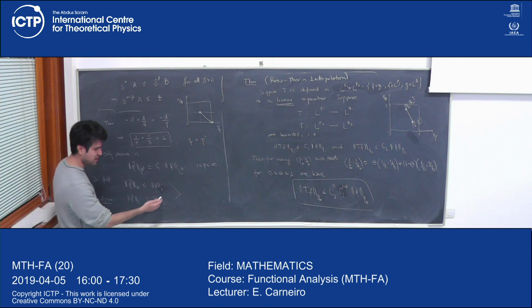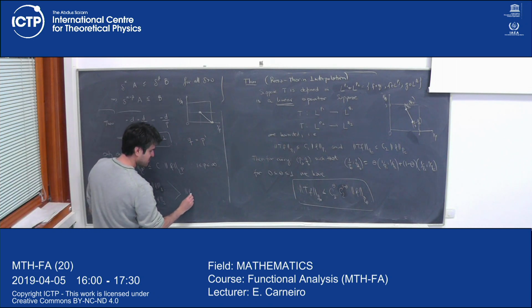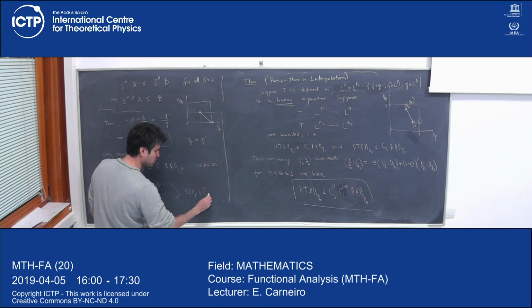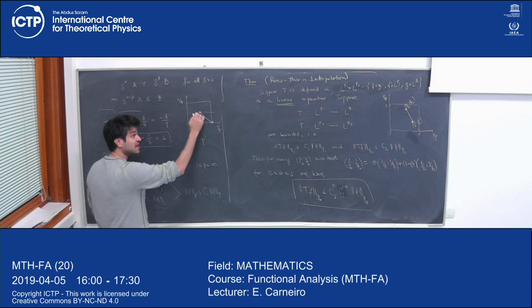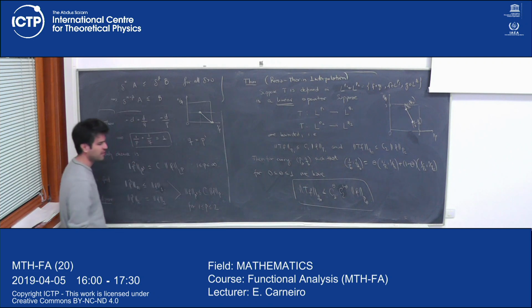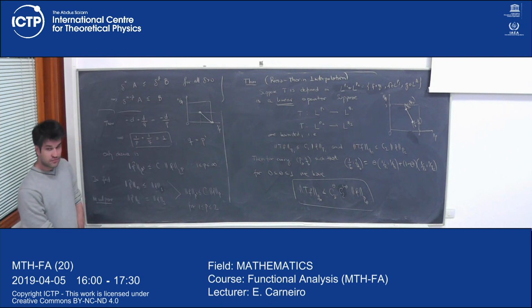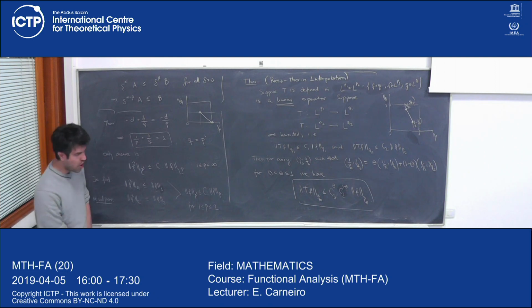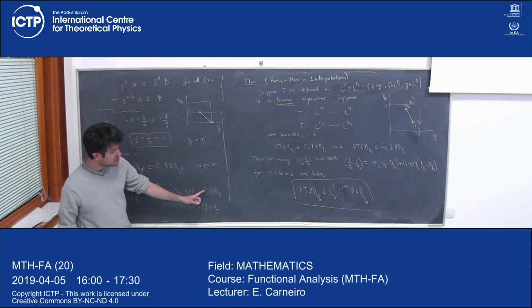So this implies that the LP prime norm of the transform is bounded by a constant times the LP norm of f, on the line that connects these two points, for 1 less than or equal to p less than or equal to 2. You can even get some information on this constant.